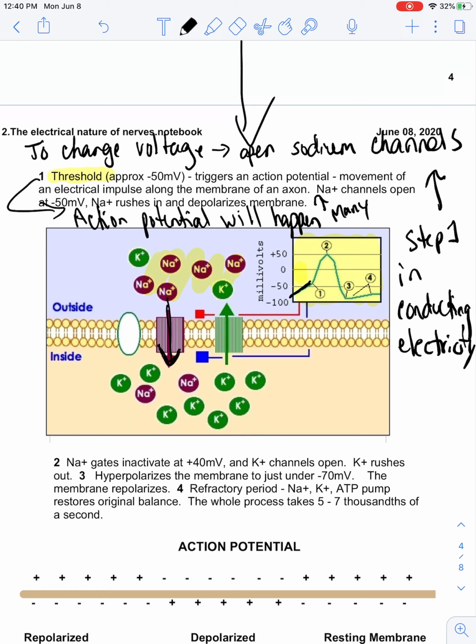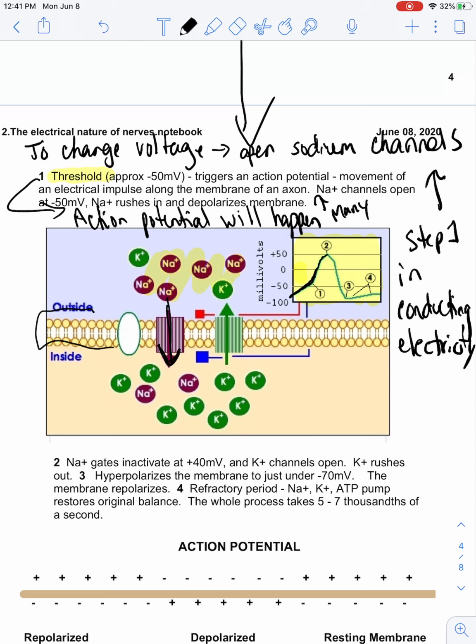The sodium floods in, because remember, there's a higher concentration on the outside than the inside. And here's your phospholipid bilayer. So the channel opens, in floods the sodium, and the negative charge continues to get more and more positive because we're adding positive to that -70 with all those positive ions flowing in.